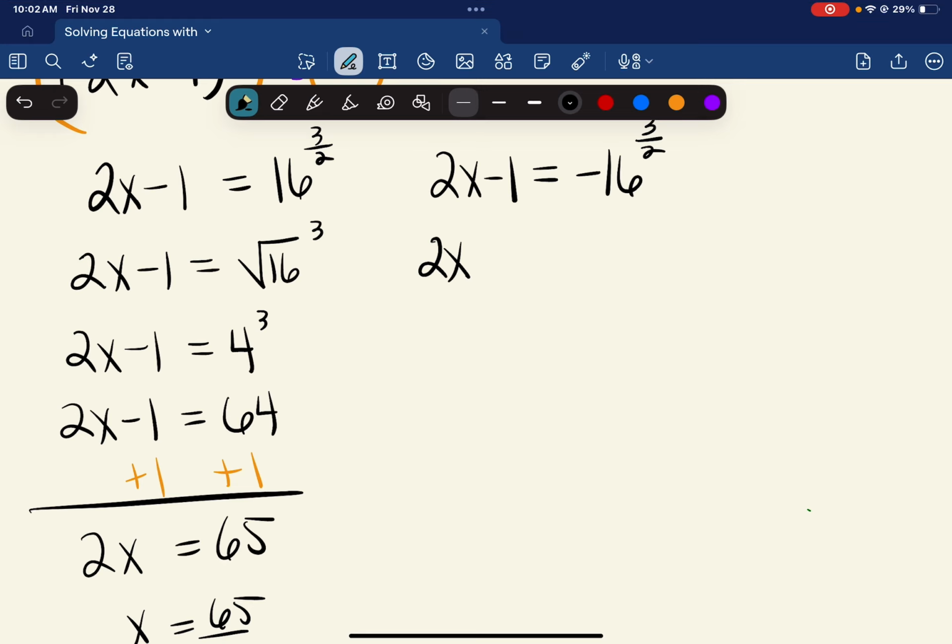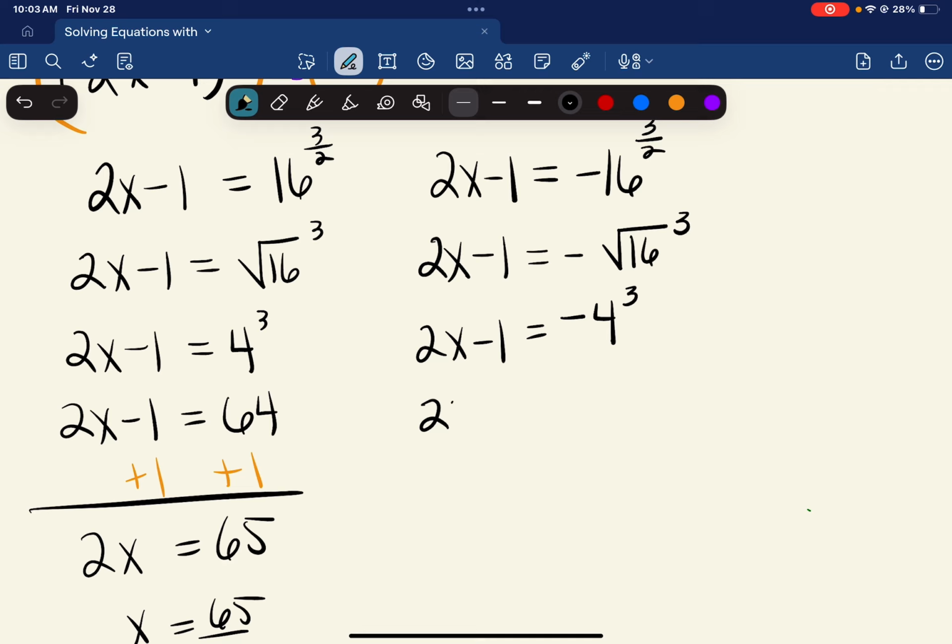We have 2x minus 1 equals negative 16 to the 3/2 power, which is like saying negative, and then we have the square root of 16 taken to the 3rd power. Well, the square root of 16 is still 4, so this is like saying negative 4 to the 3rd power, right?